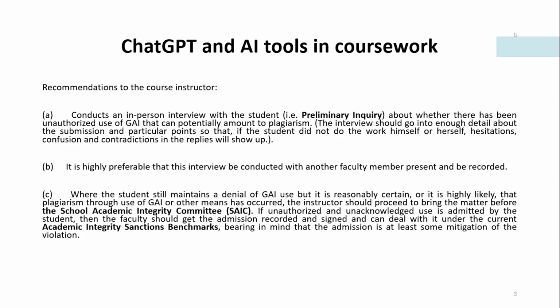Where students still remain in denial of GAI use, but it's reasonably certain that plagiarism has occurred due to the use of ChatGPT, the instructor could proceed to bring the matter to the school academic integrity committee, which consists of the chair of the school or other high authority.